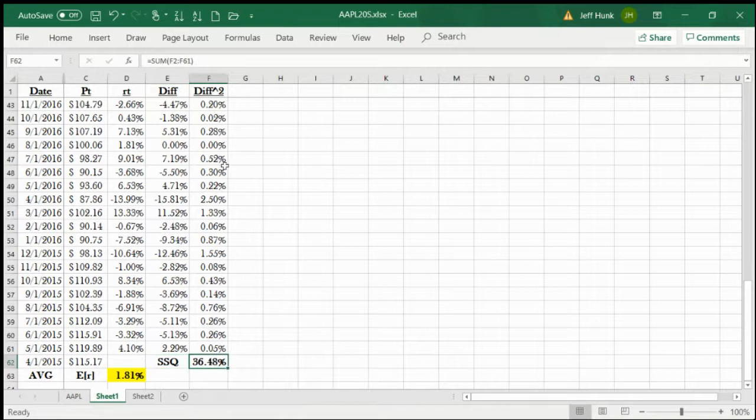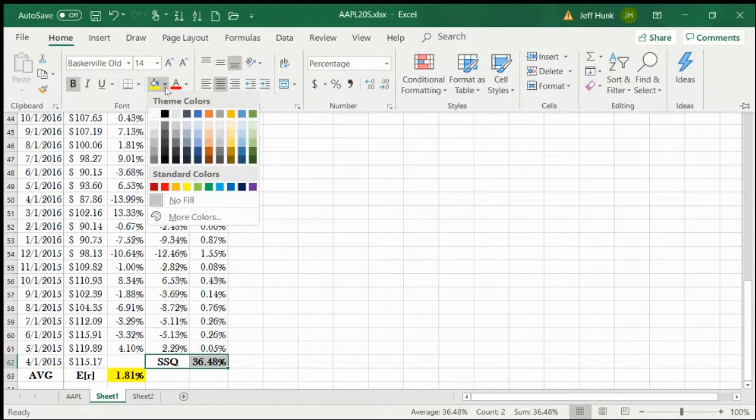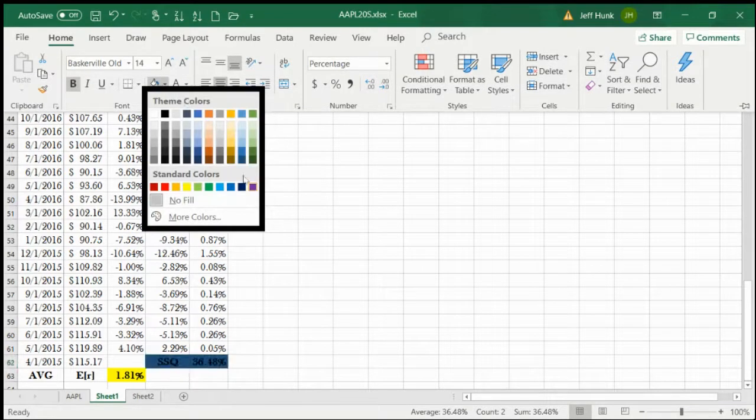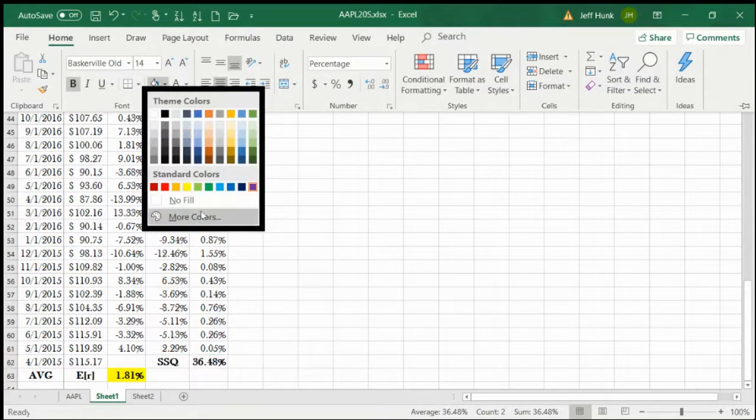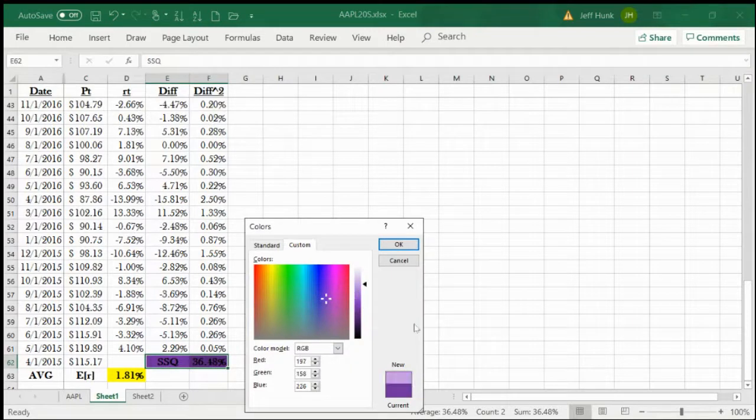This is the result of squaring all the difference terms. So this is the sum of squares, the sum of all the squared difference terms. So it's called SSQ. It's too dark, so let me make it lighter.